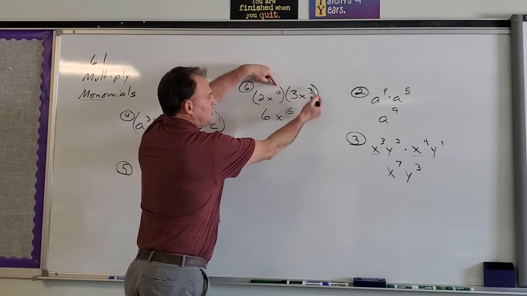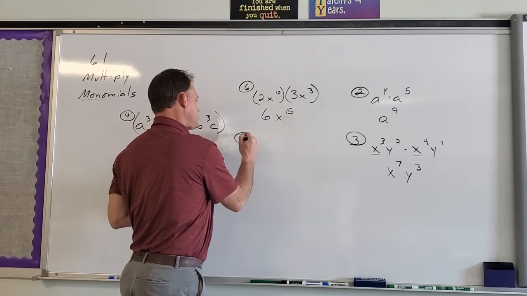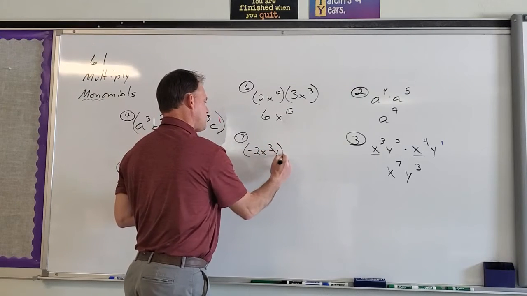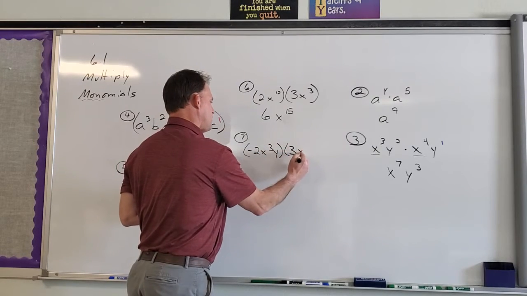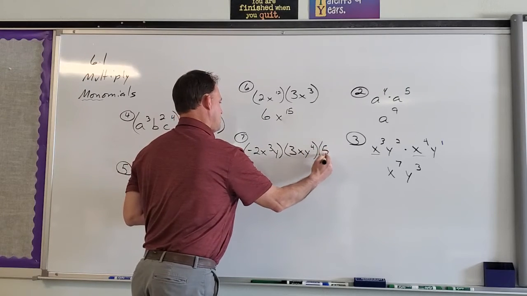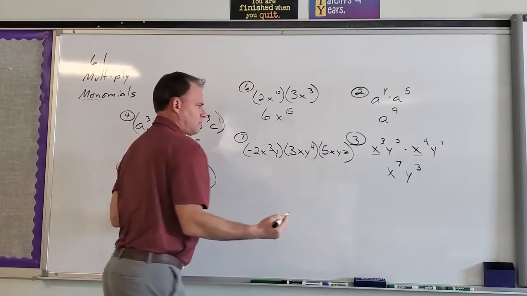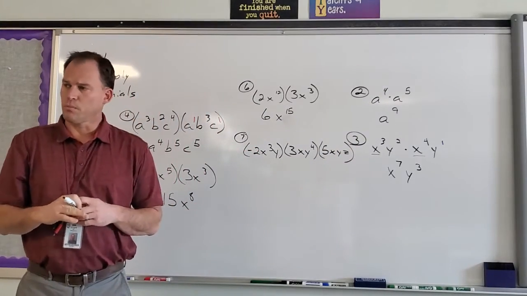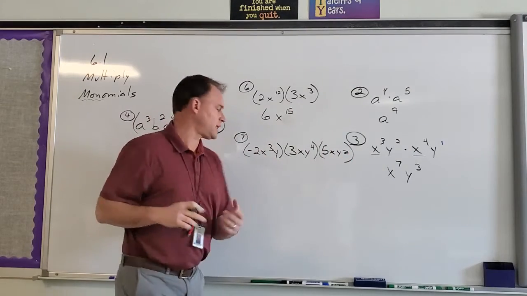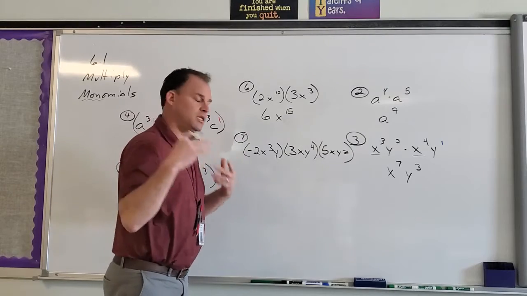This is a shortcut trick, so I don't have to write out all those variables. All right, so it's a multiplication problem. I'm multiplying monomials together. Each one of these is a monomial. That's the rule. Multiply means multiply.